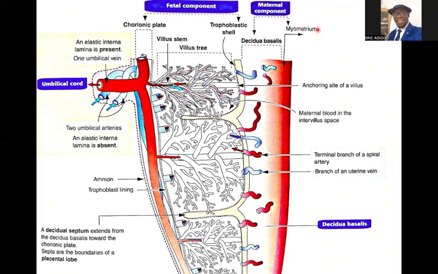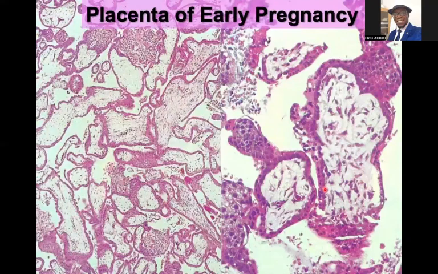That will be the myometrium direction, trophoblastic shell, villous tree, villous stem, and obviously the chorionic plate. That's the fetal component and the maternal component. So you see, the decidua basalis has also been outlined here clearly for the maternal portion.